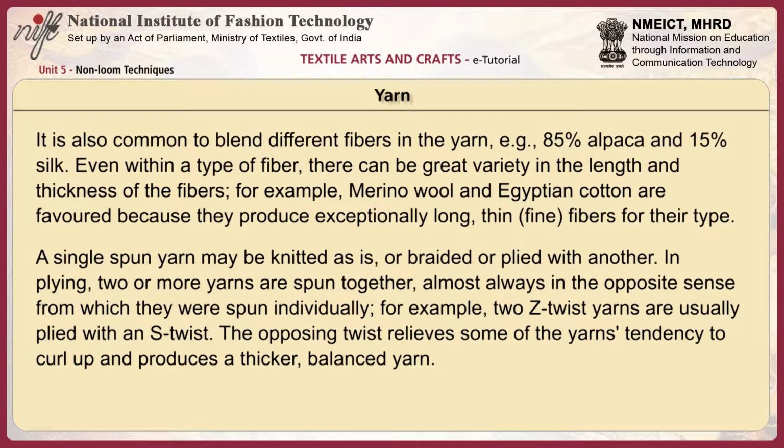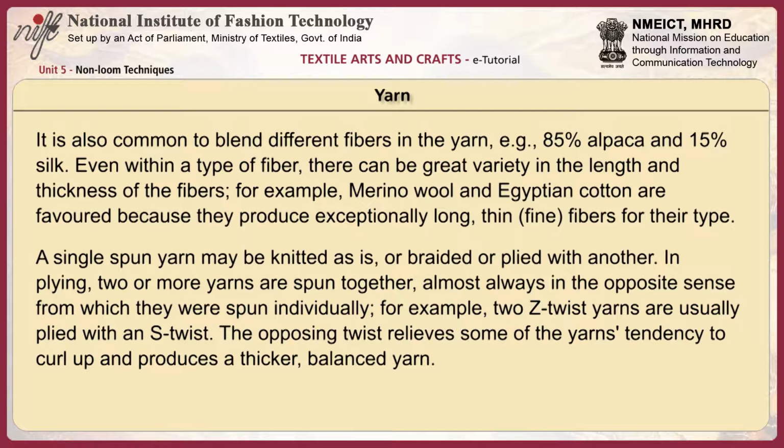Even within a type of fiber, there can be great variety in the length and thickness of the fibers. For example, merino wool and Egyptian cotton are favored because they produce exceptionally long, thin, fine fibers for their type. A single spun yarn may be knitted as is or braided or plied with another.